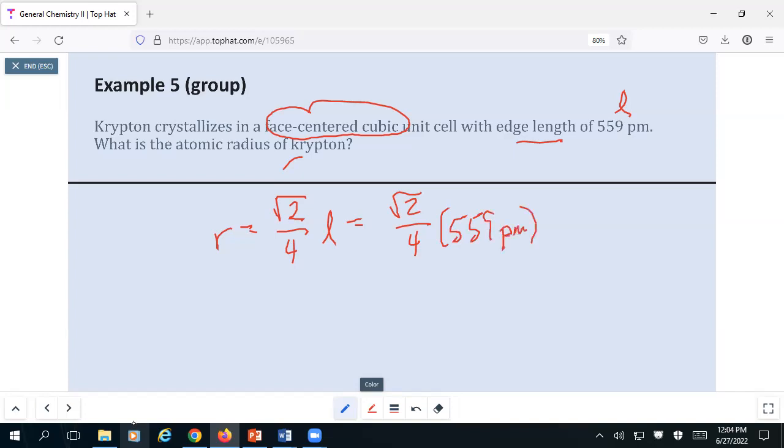So just plugging in the values that we have, we should get a radius: 559 times the square root of 2 divided by 4, to 3 significant figures, 198 picometers should be what we're getting as our answer.